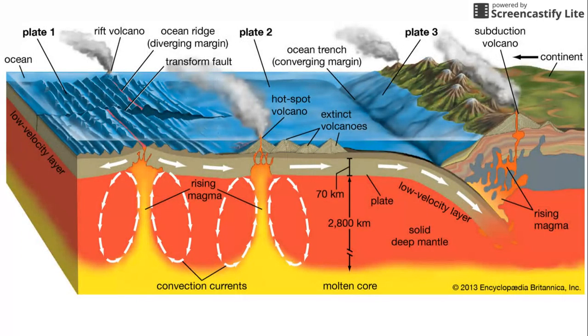So, just to give you a better idea of what this entire thing looks like, we have these convection currents in the mantle due to this rising magma. It pulls these two plates apart where we have this divergent boundary at this ocean ridge.